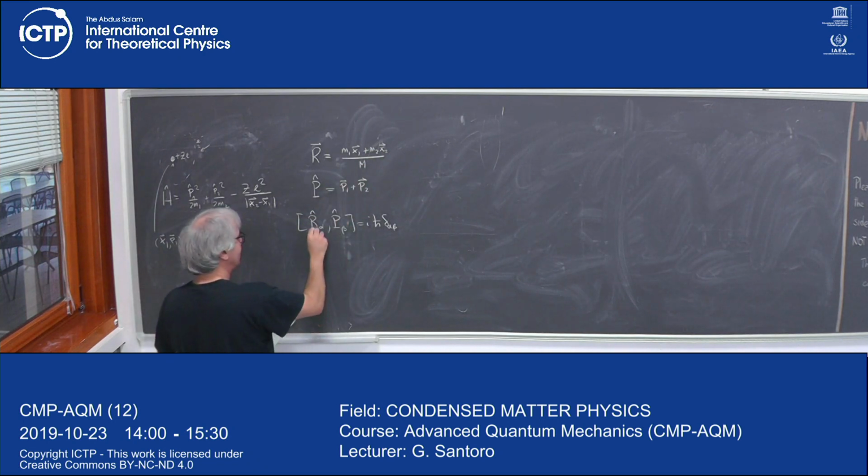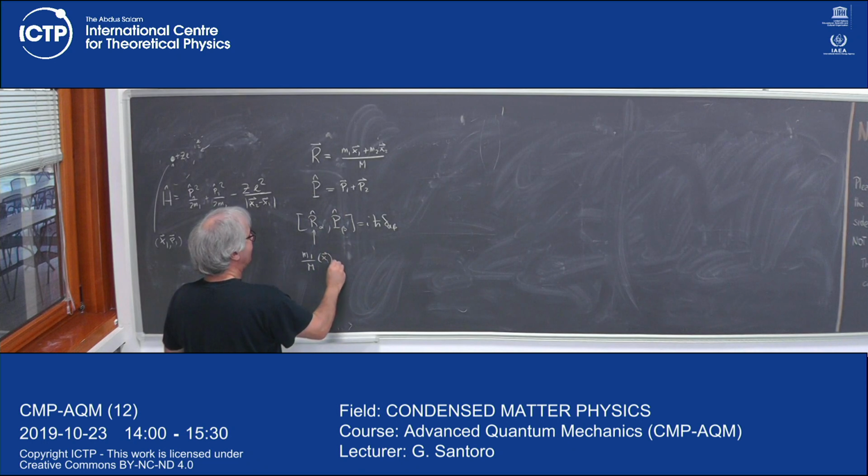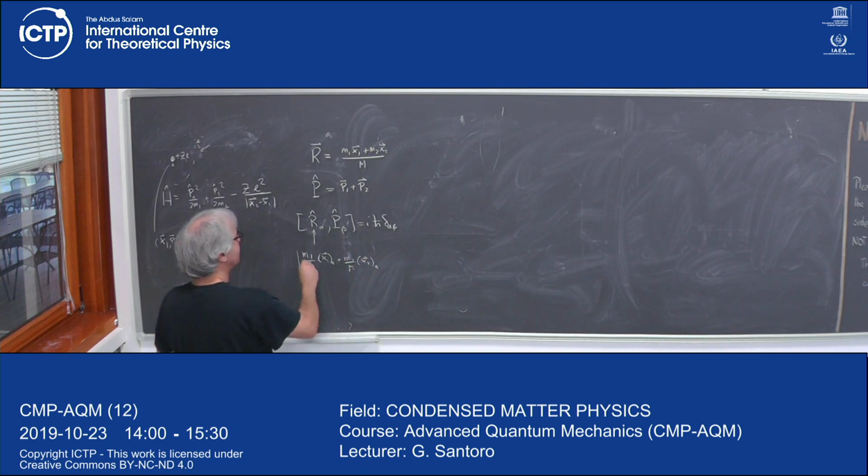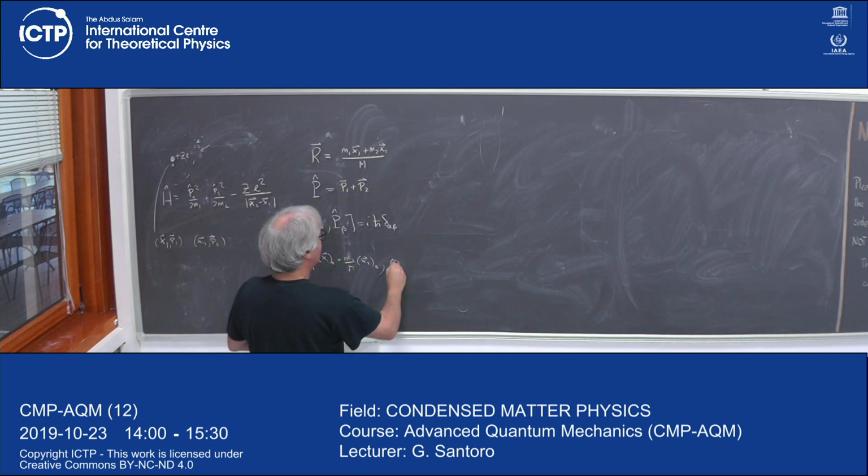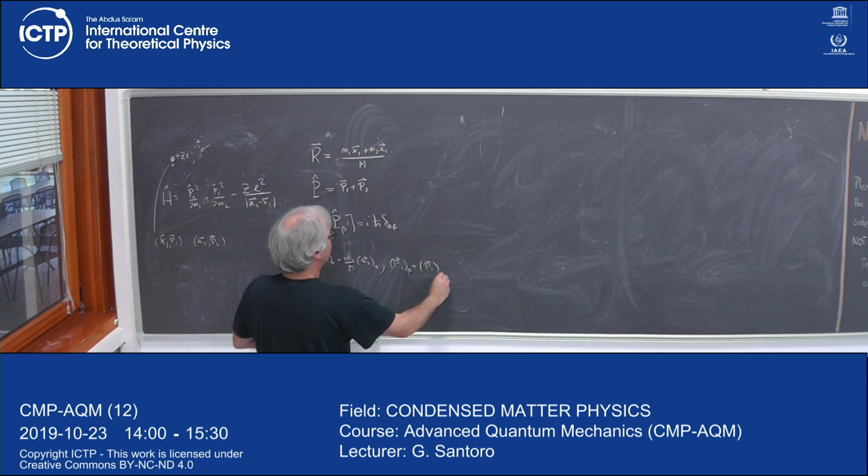So here I have m1 over M, say x1 alpha, plus m2 over M x2 alpha, commutator with p1 beta plus p2 beta.